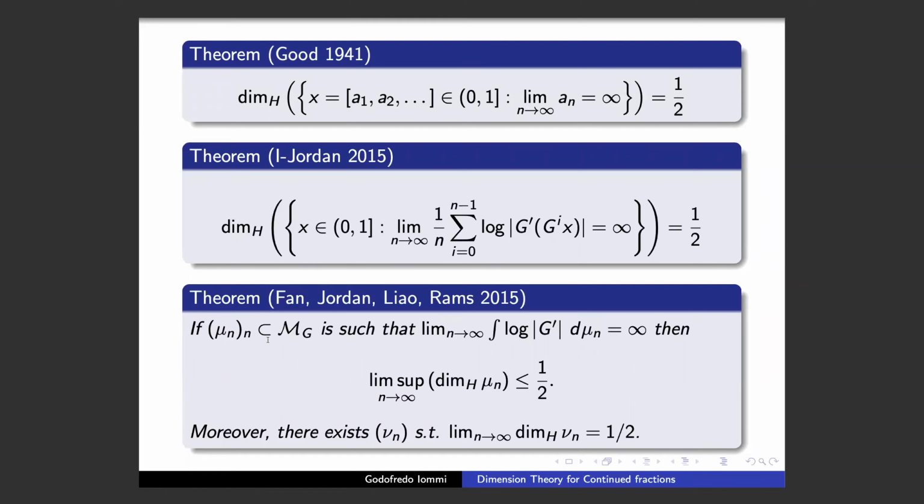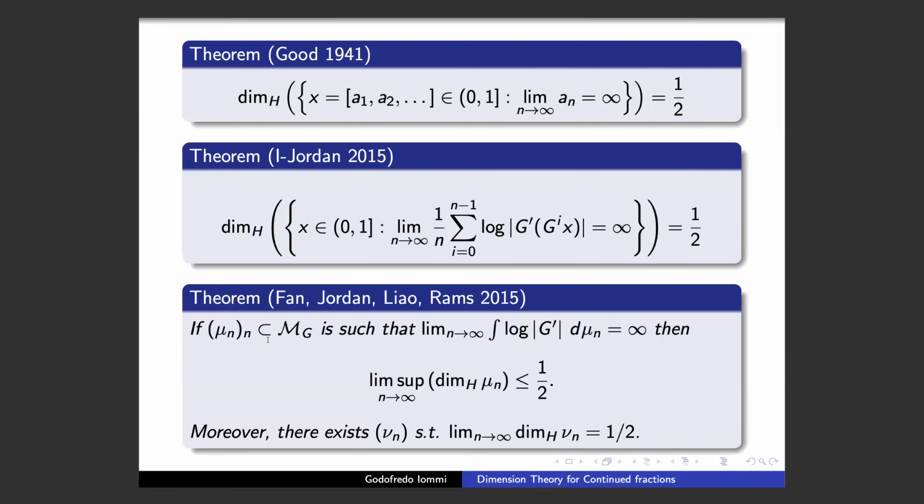So in a sense, these are measures whose support is escaping out of the system. The mass is leaking out. So what they proved is that the lim sup of the Hausdorff dimension of those sequences was bounded above by 1/2. And moreover, you could construct a sequence of invariant measures for which the limit of the Lyapunov exponent is also infinity, such that the Hausdorff dimension actually attains 1/2.